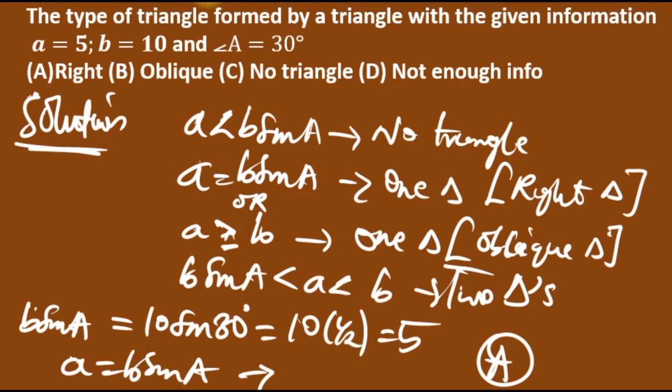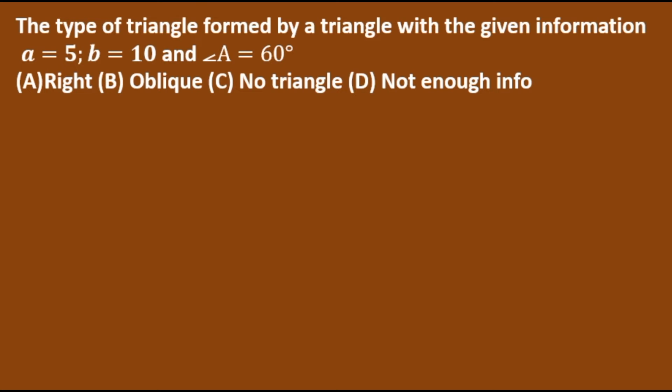For the second question, the type of triangle formed by a triangle with the given information. Here we are given two sides and an angle opposite one of the sides. So let's check b sine A. We are given a, b.